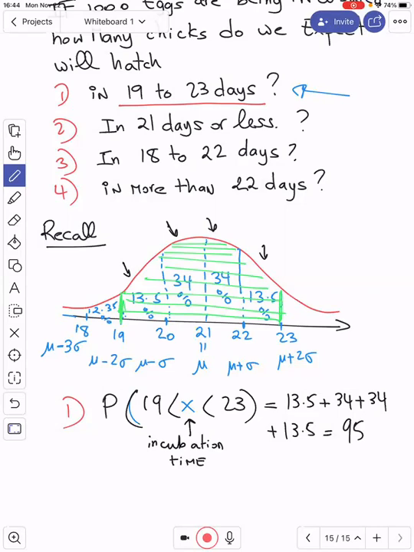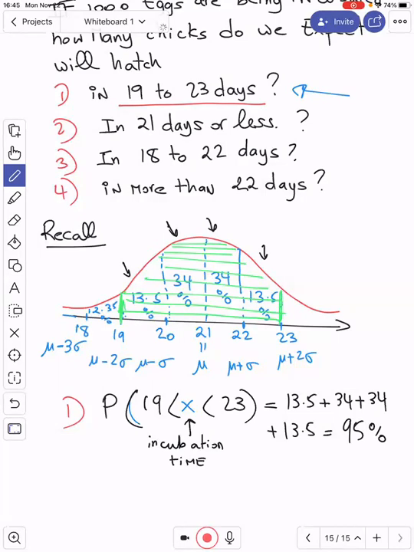No? Okay. So the total is 95%. So we expect that 95% of the chicks will hatch between 19 and 23 days.